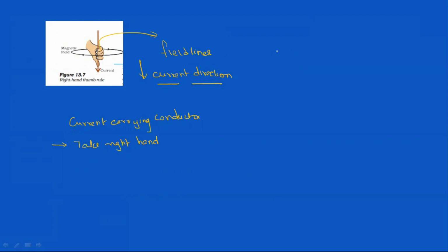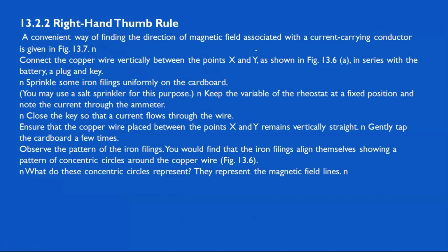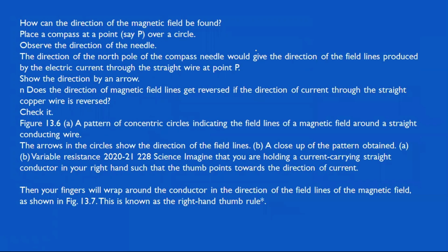I repeat, when holding the current carrying conductor in your right hand such that the thumb points towards the direction of the current, then your fingers will wrap around the conductor in the direction of the field lines.